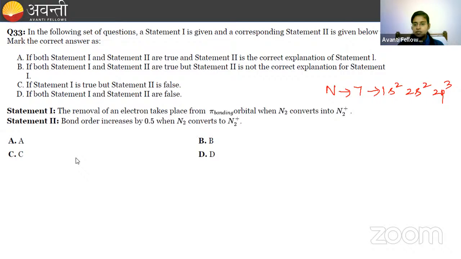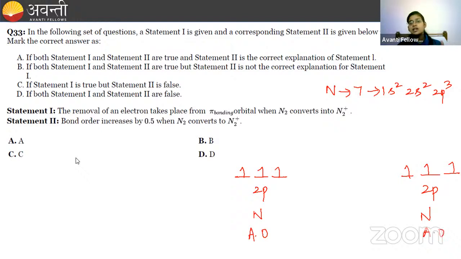So the 2p orbital of the first nitrogen is here and it has 3 electrons in it, and the 2p orbital of the second nitrogen is here and the 3 electrons are located like this. Okay, and if these 6 atomic orbitals combine, they form 6 molecular orbitals, right?